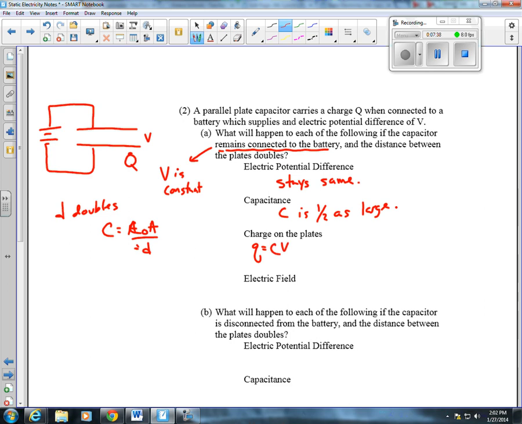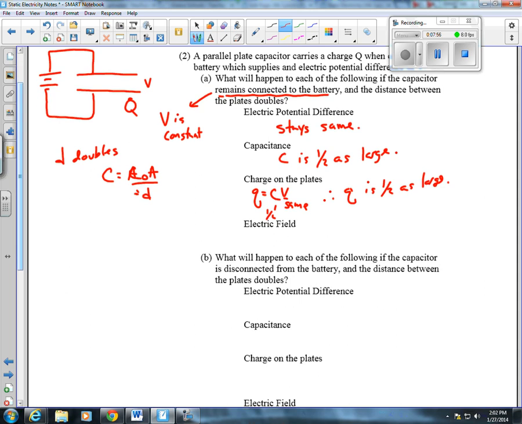If V stays the same, and we just found that C is half as big, therefore Q is half as large. And then the last thing it asks for is the electric field. E is V over D. Remember, V was staying the same. D doubles. So therefore, E is half as large.